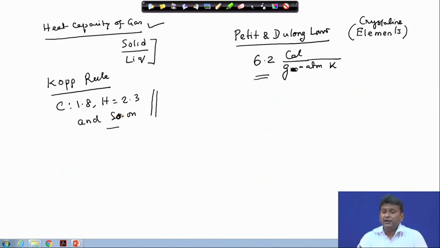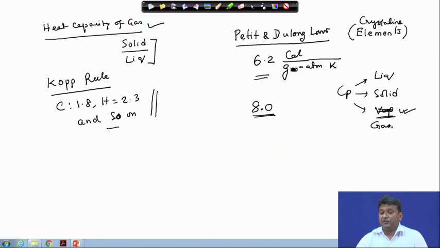Typically for a liquid the value is 8.0, with certain exceptions. Based on the Petit Dulong law and the Kopp rule, we now have this at our disposal, which is a major step. Of course, this comes directly from the kinetic theory of gases. Sorry, I wrote vapor instead of gas.